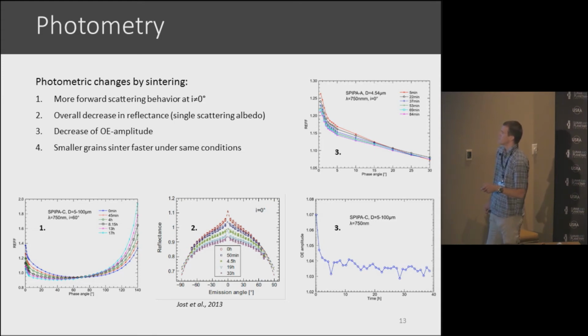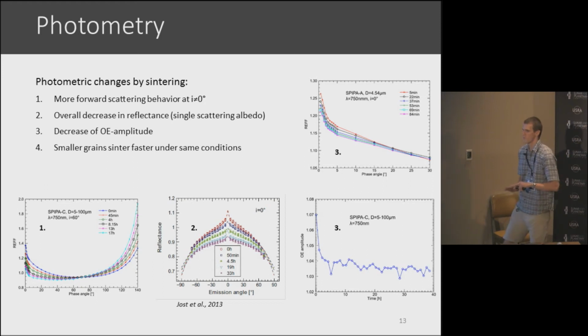Then another effect is that we decrease the amplitude of this opposition effect. It's quite subtle. It's not obvious at first glimpse, but when analyzing the extrapolated point from the linear part as a ratio to the maximum, we see this decrease over time with a certain error bar, and it goes on for tens of hours.